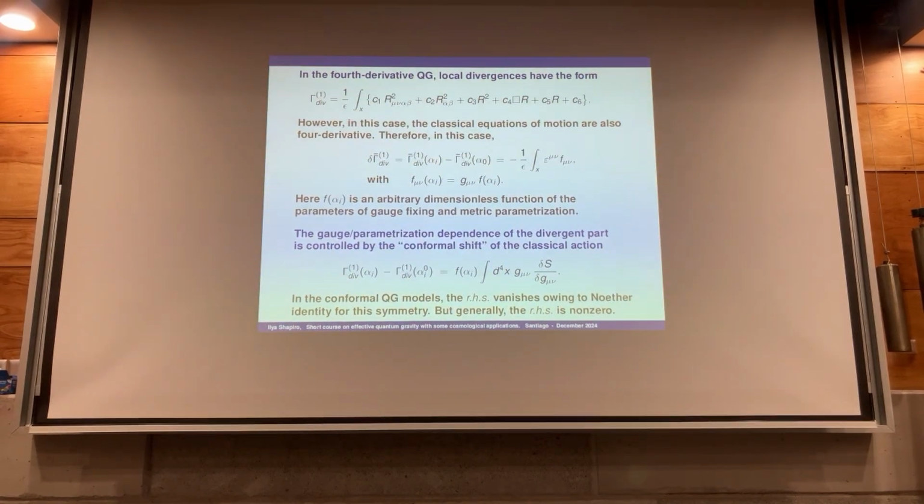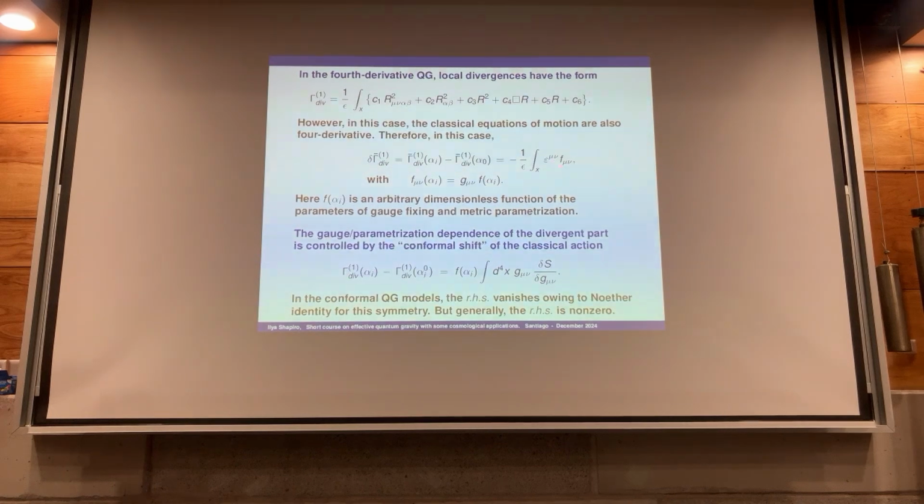So, in the four derivative case, you have exactly the same divergences. You have exactly the same formula for the dependence on alphas, but this time your epsilon is four derivative. What does it mean? It means that f mu has zero derivatives of the metric.